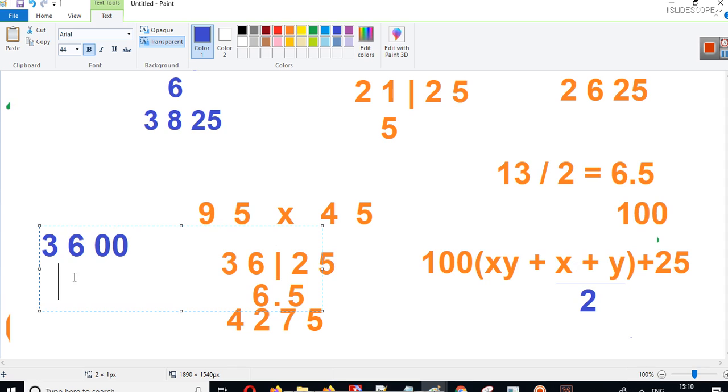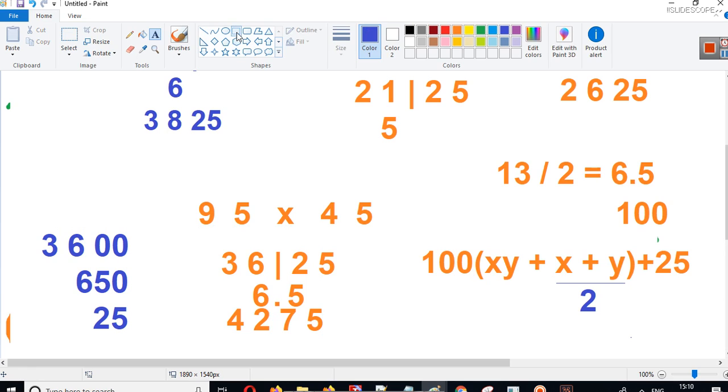So we have to write 650 here, and then you simply have to add 25 to it, and this is your final answer. Again, you don't have to worry too much about this. So the answer is 100xy plus x plus y by 2 plus 25.